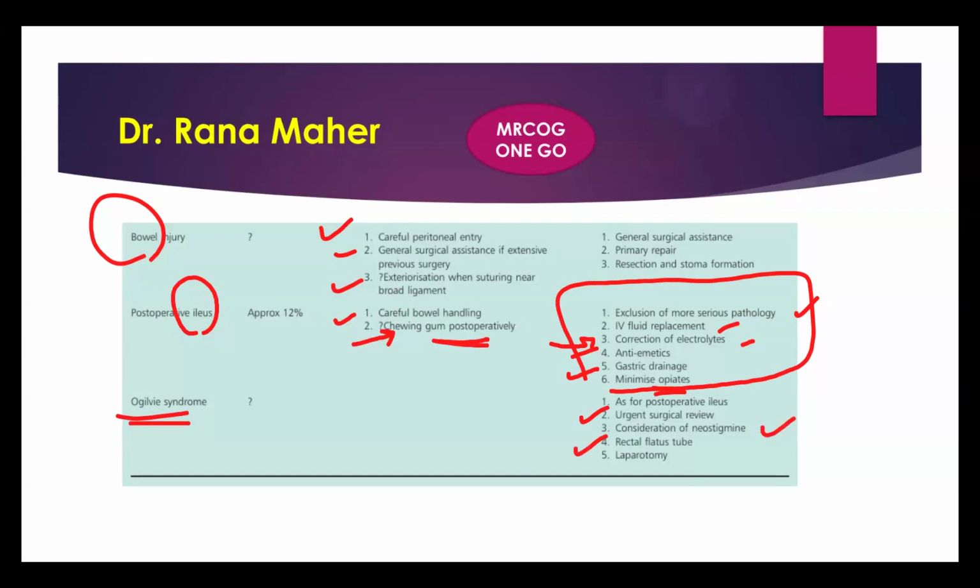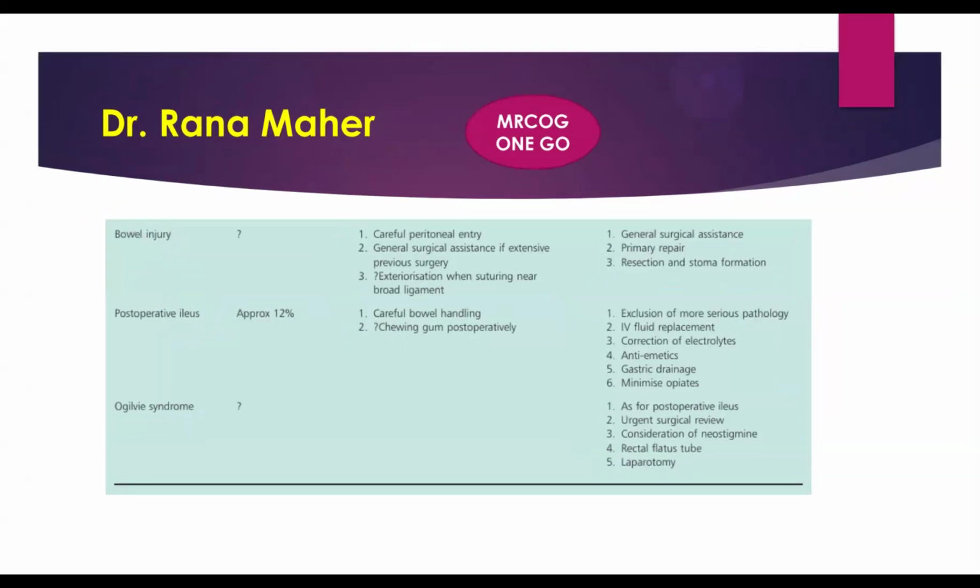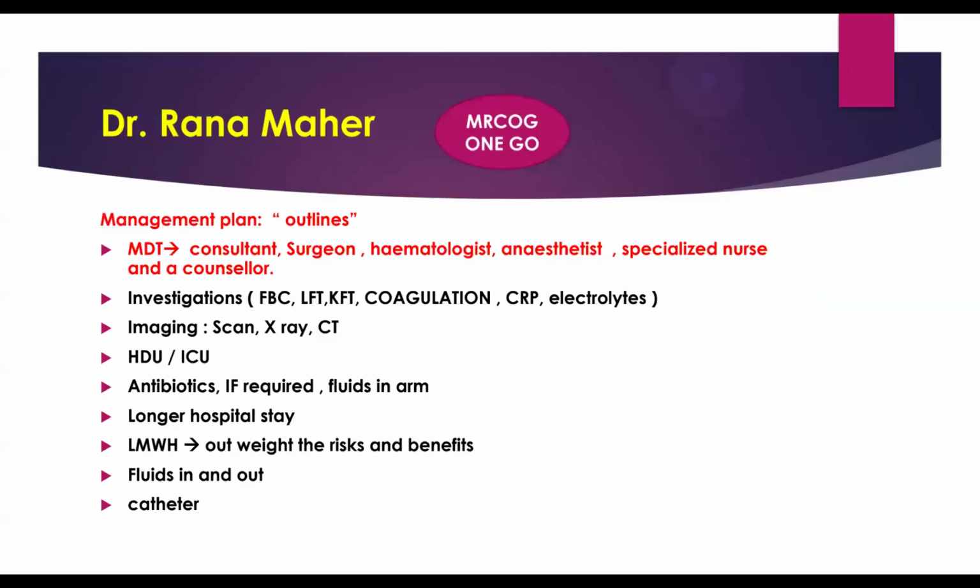Rectal flatus tube and laparotomy in some cases where cecal dilatation will happen, right? It will be dilated and the patient is suffering. Sometimes it will be a life-threatening condition. We need to do laparotomy, right?